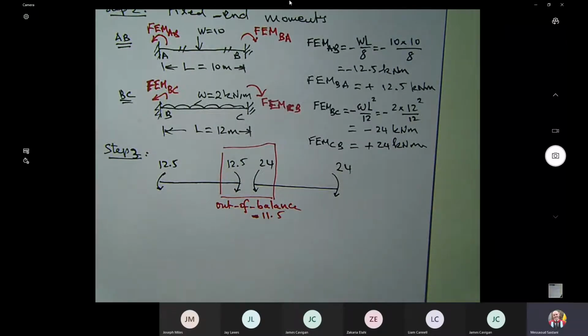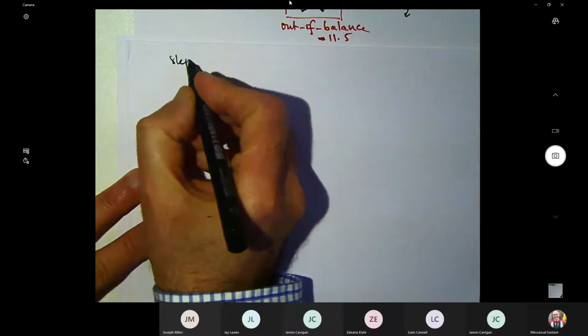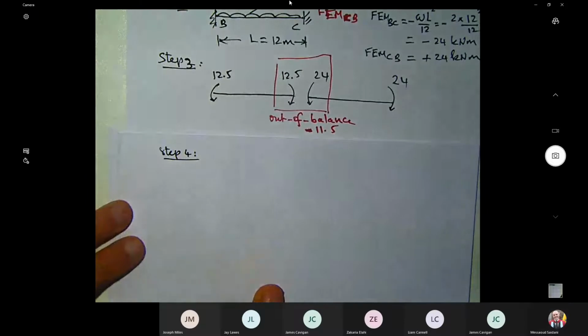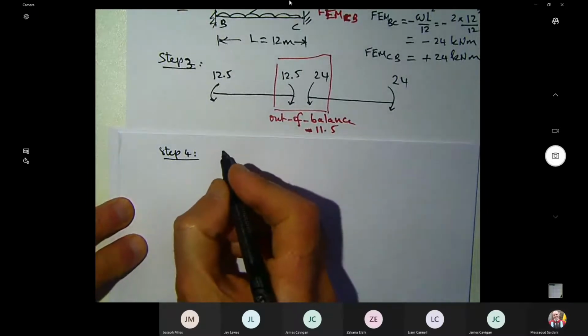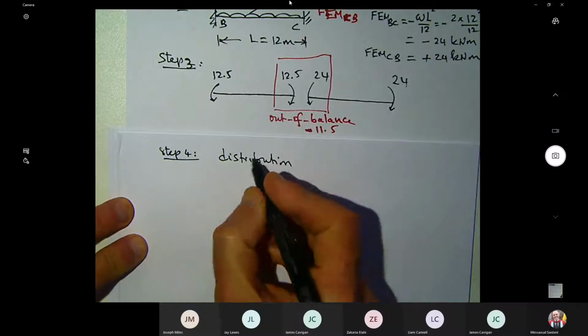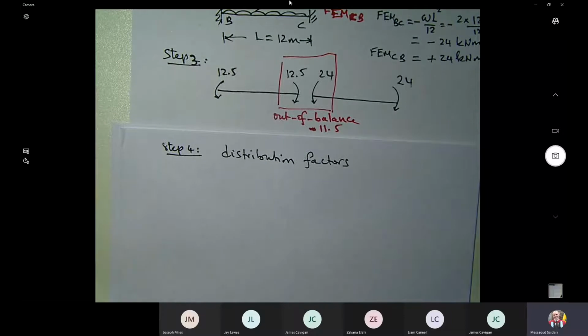So the next step is to determine the distribution factors, which I'm going to explain here.